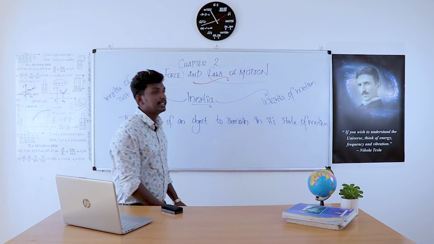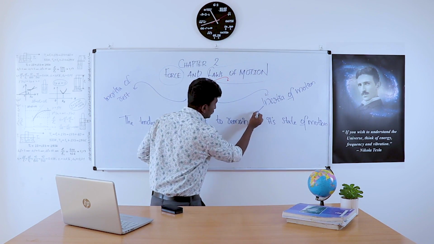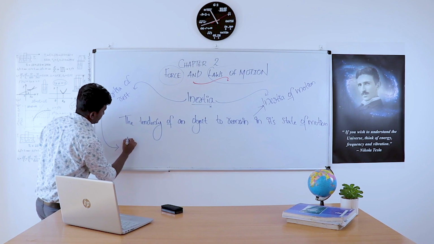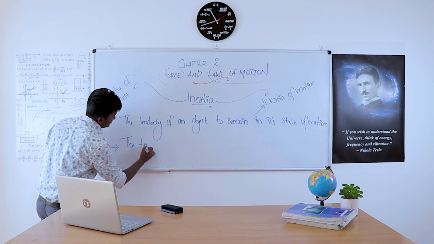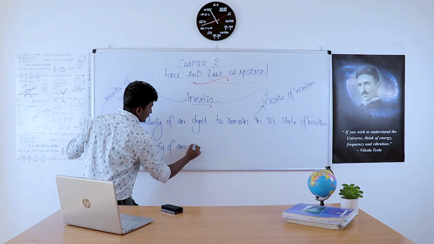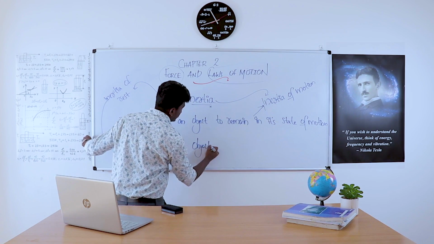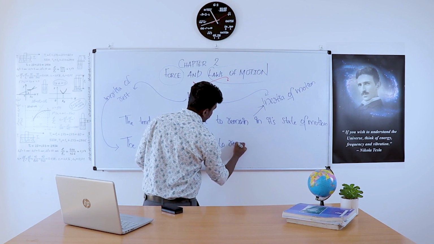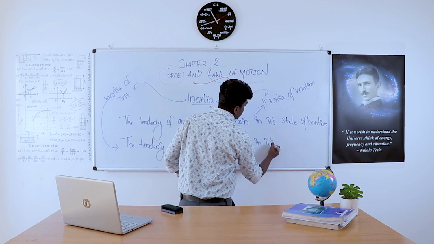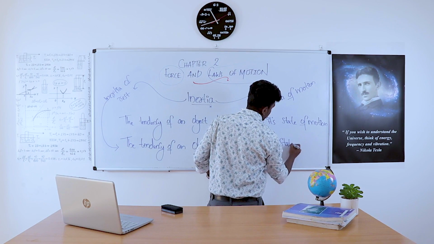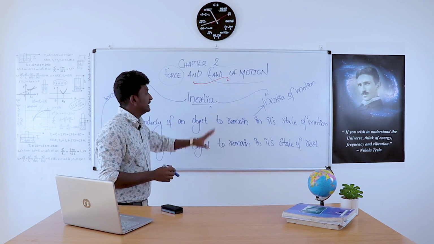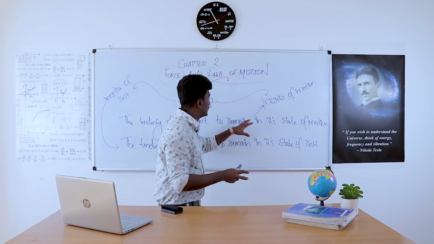Now, inertia of rest is the tendency of an object to remain in its state of rest. These are the two types of inertia.